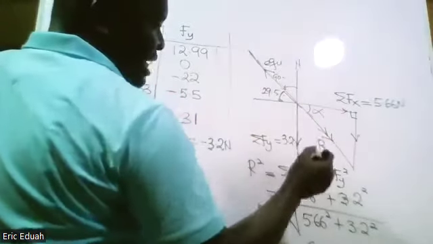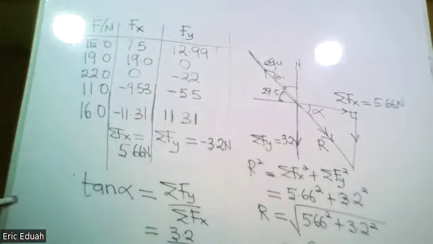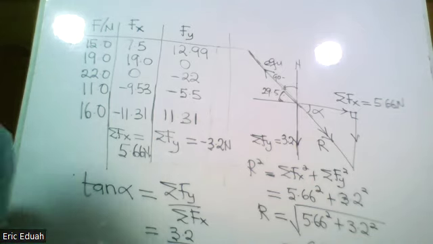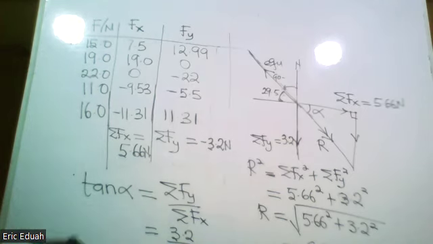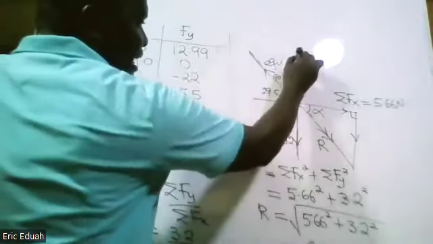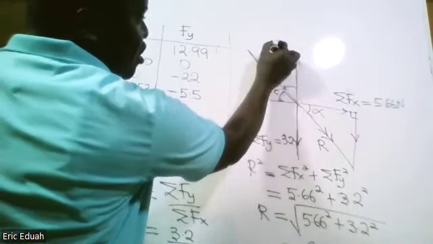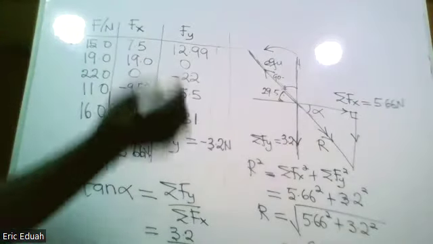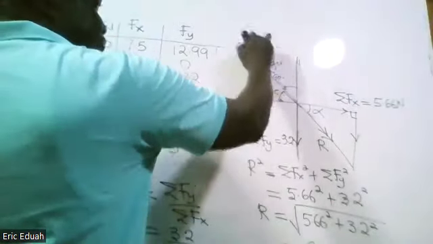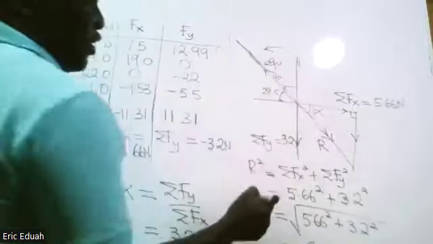So what is 90 minus 29.5? Almost 60 point something, right? So if you are here, you can also turn that angle in an anti-clockwise direction from the north to get the direction of the equilibrant.